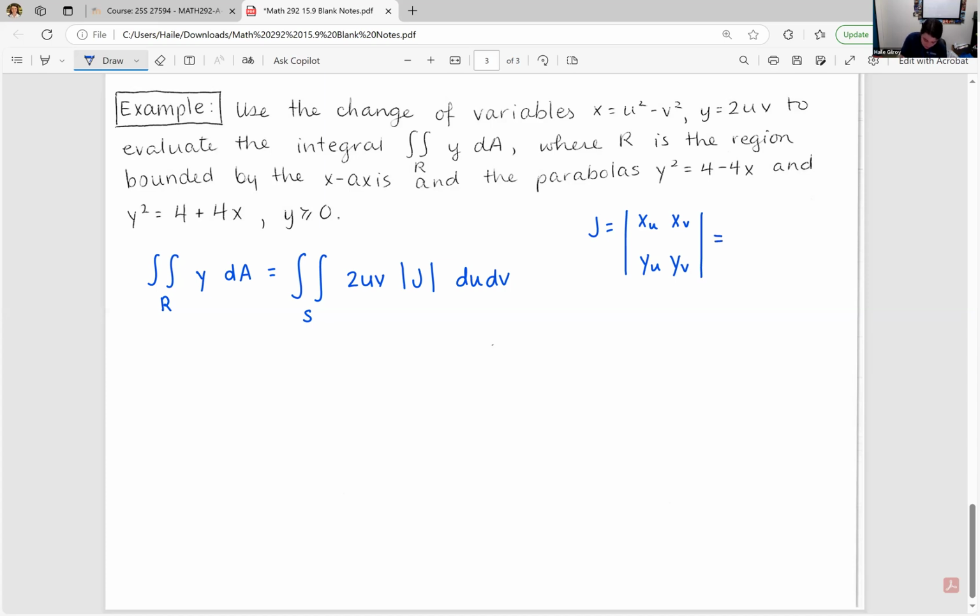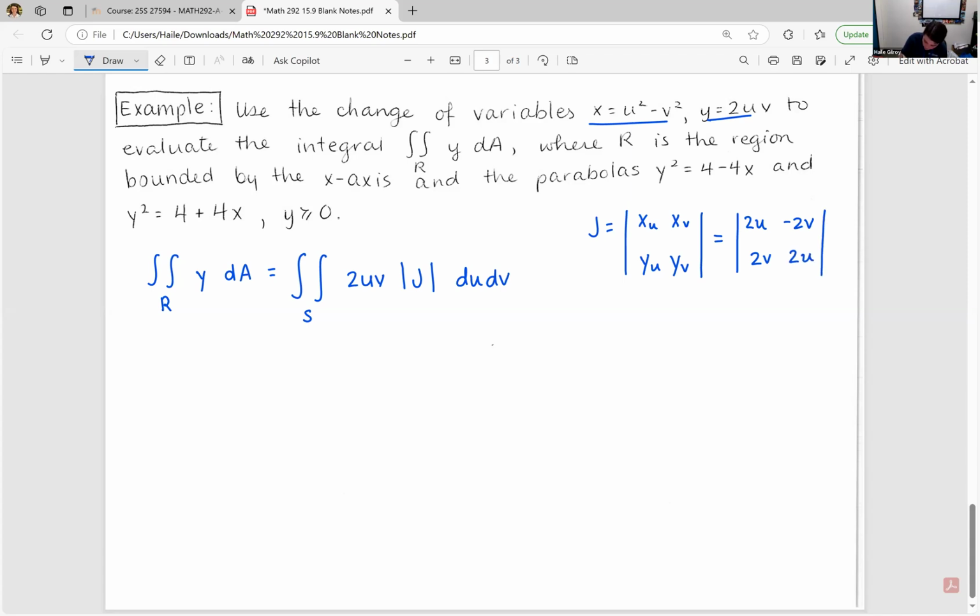So the partial of x with respect to u is 2u. So we're looking at these formulas, just so we're clear. The partial of x with respect to v is negative 2v. The partial of y with respect to u is 2v. And the partial of y with respect to v is 2u.